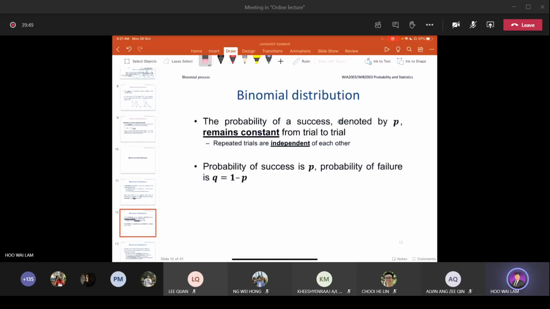So the probability of a success, denoted by p over here, remains constant from trial to trial. The trials are also independent. Every time you're tossing a coin, it doesn't affect your outcome in the next round.